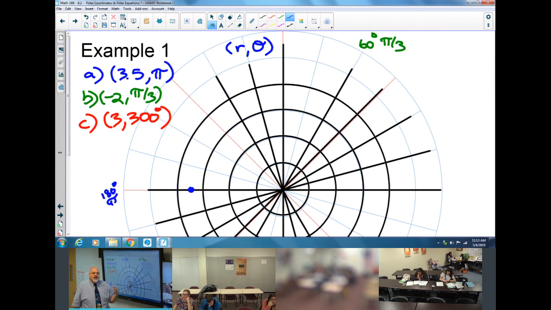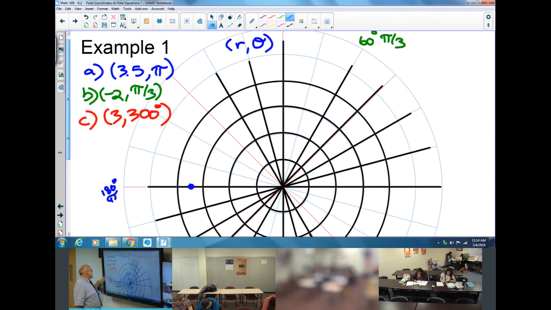By the way, for your own graph, if you just Google polar graph, you can download these and print them off to do your own graphs. There are different ones where each line is 15 degrees or 10 degrees or 45 degrees, whatever. It helps you find, so this is 60 degrees, or pi thirds.